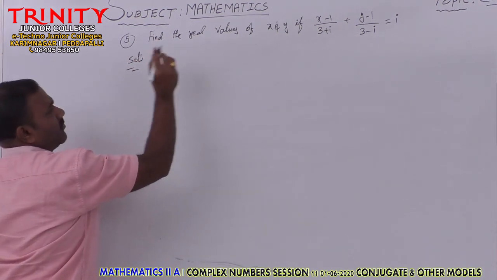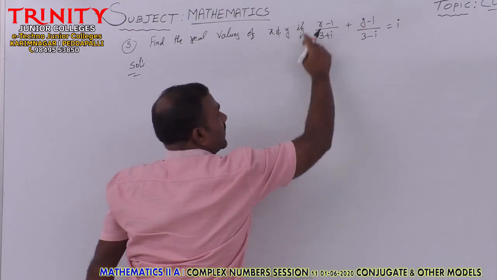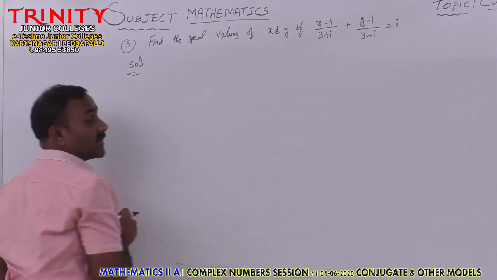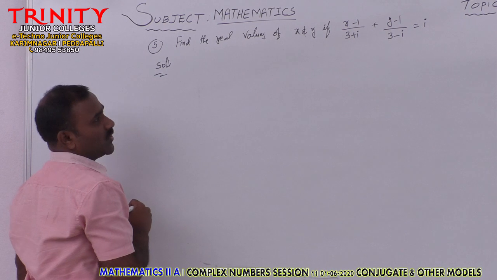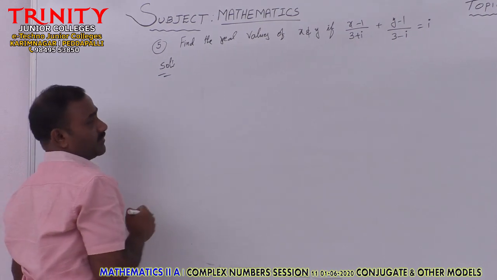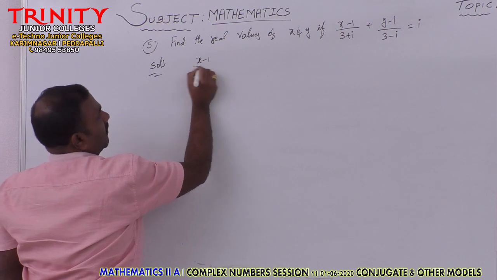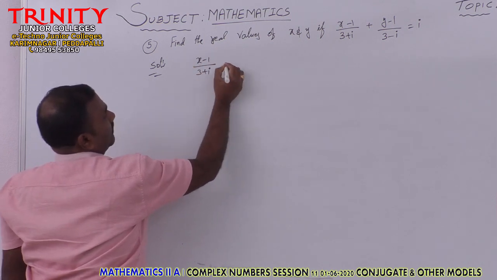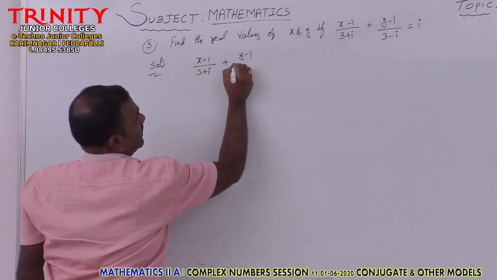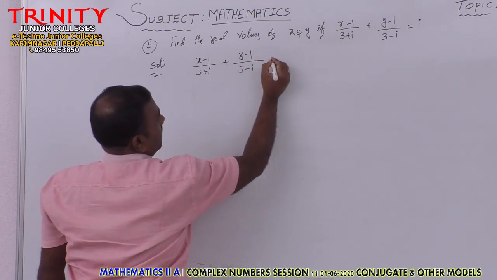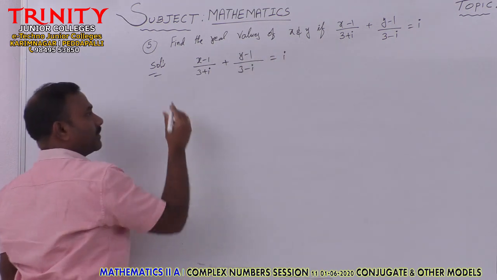Solution. First, express the left side part in the form of a plus ib to get the equations in terms of x and y.